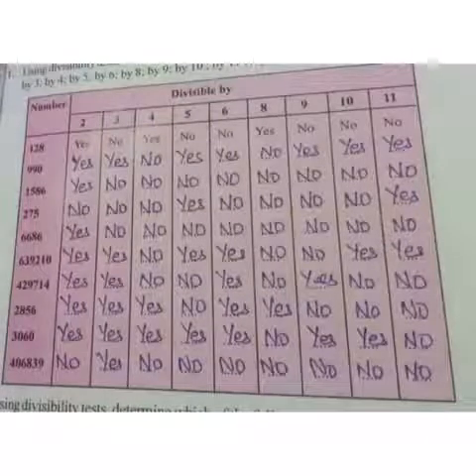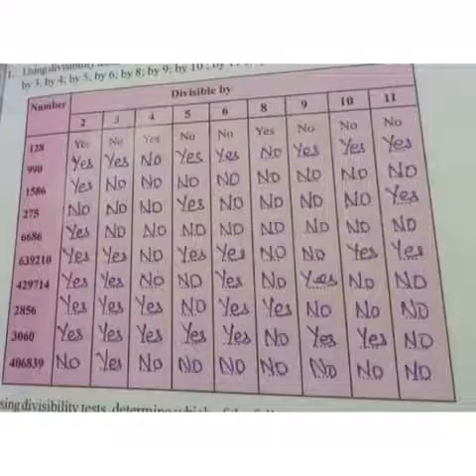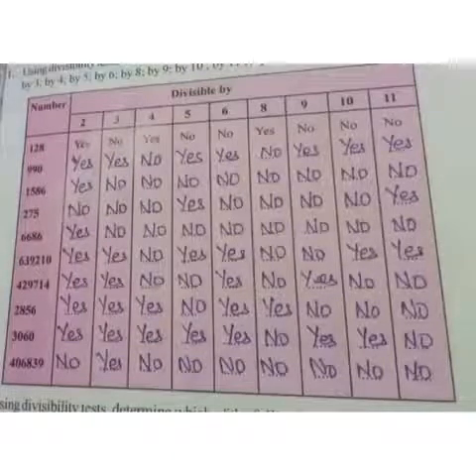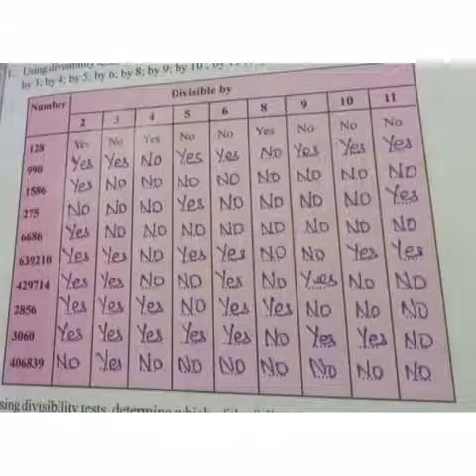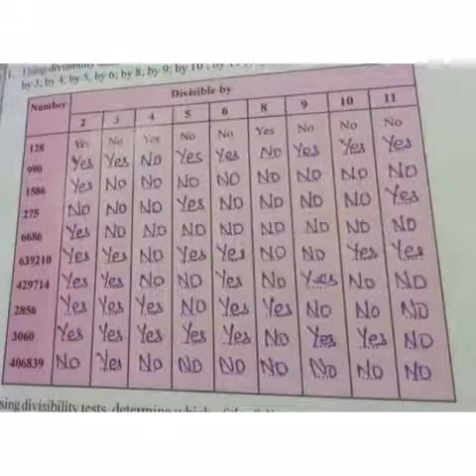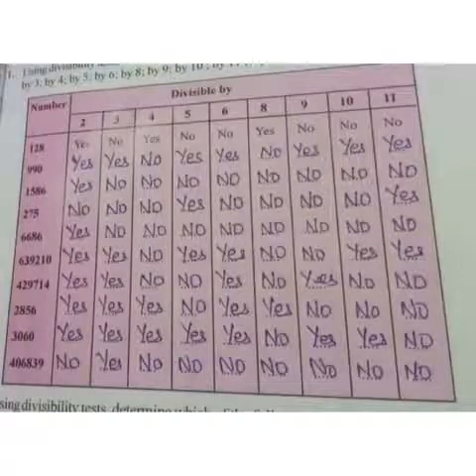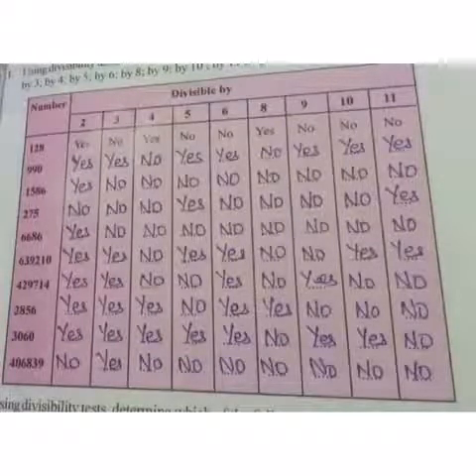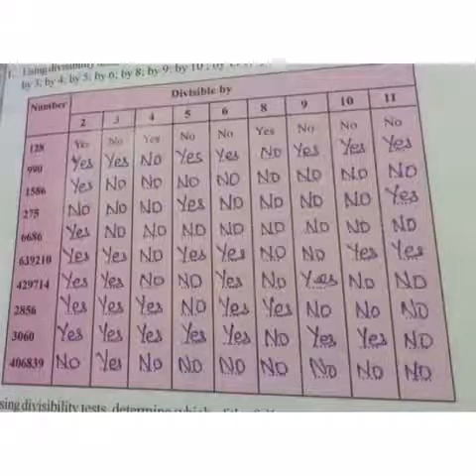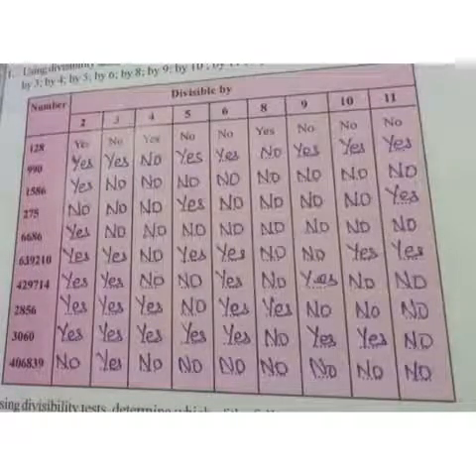So 21 is a multiple of 3, so this number is divisible by 3. Then comes 4, it is not divisible by 4. 5, it is divisible by 5 because it has 0 at the ones place. Because it is divisible by 2 and 3, it is divisible by 6. It is not divisible by 8 and 9 but by 10 and 11.